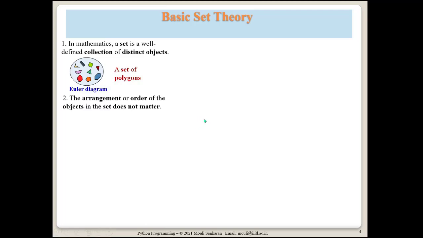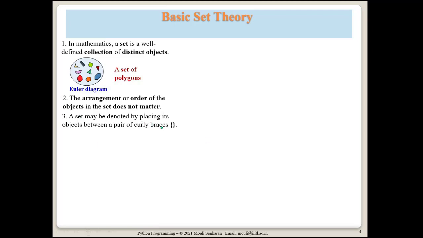That doesn't mean that they are of the same type. They can be of different types. The arrangement or order of the objects in the set does not matter. It is like you keep items in it and then take them out uniquely, but there is no order maintained inside. It's not ordered.